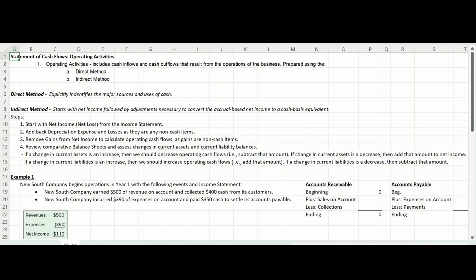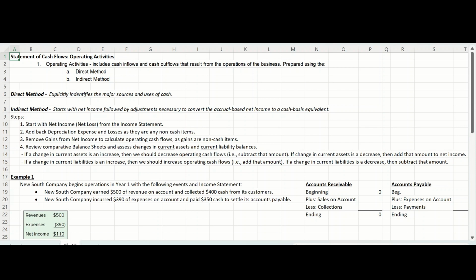And the indirect method is going to start with net income, followed by adjustments necessary to convert the accrual-based net income to a cash basis equivalent. Now, while these methods differ in process, they will arrive at the same amount of net cash provided or used by operating activities.